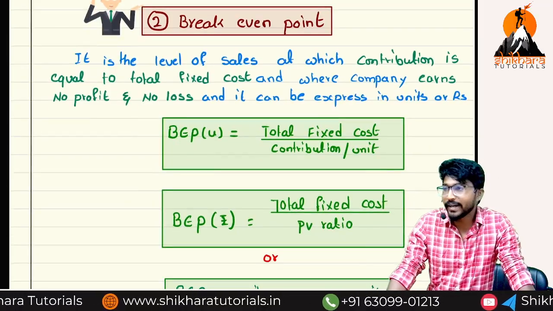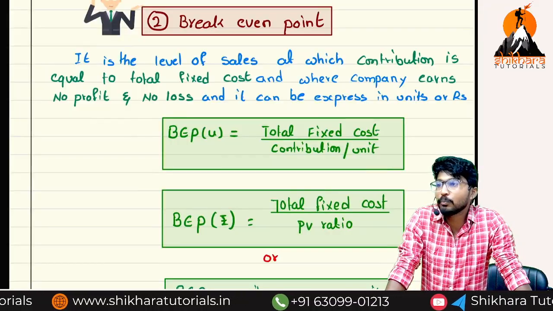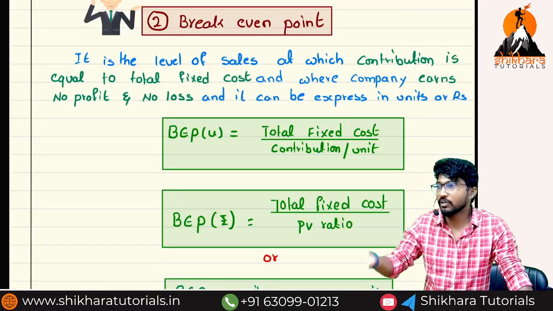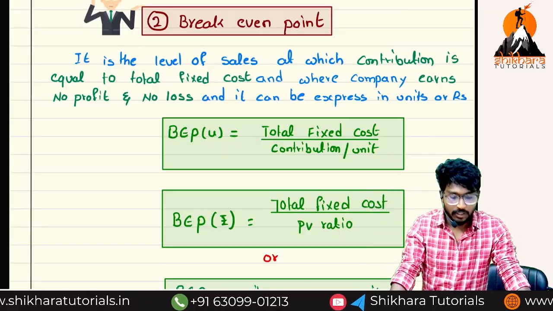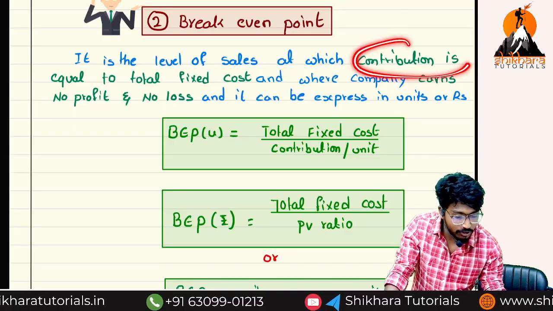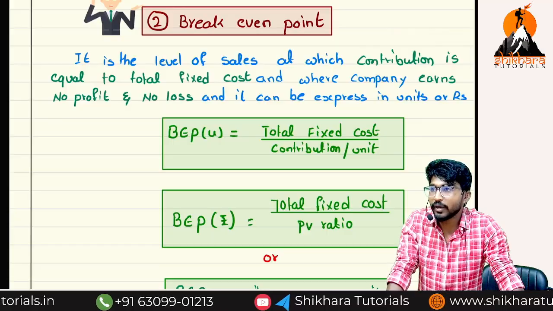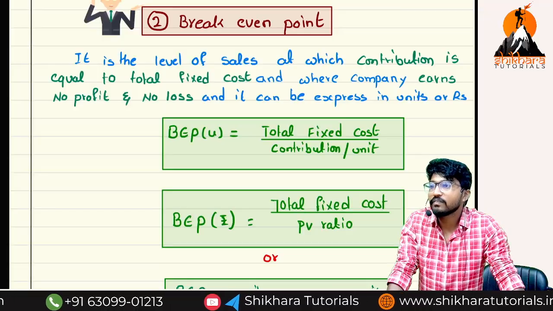What is break even point? It is the level of sales, or level of output, or level of volume, or level of activity, anything, at which your contribution is equal to your total fixed cost. At break even point, whatever contribution you have is equal to your fixed cost.